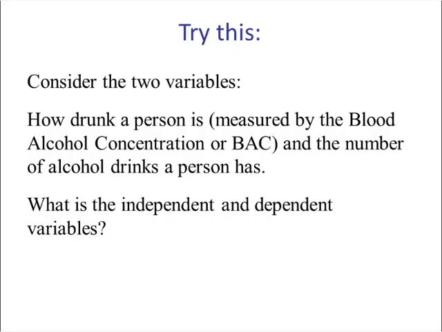So the independent variable would be the number of drinks. The dependent would be the BAC. If we are given a BAC, we can't work backwards and determine the number of drinks because, for example, gender has an effect on the BAC.